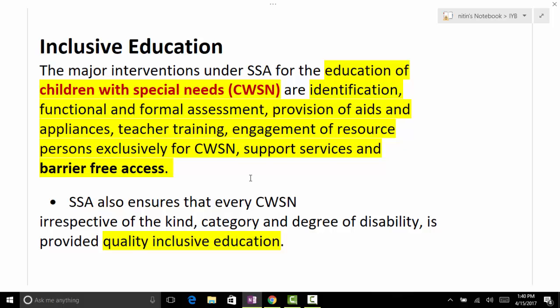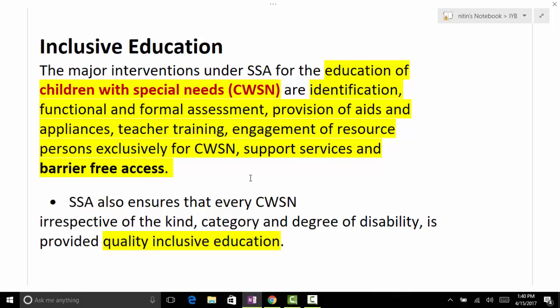Now the major responsibility will come on the teacher. The teacher has to prepare according to the different needs of the students, and has to recognize the different needs of every student in his or her class.